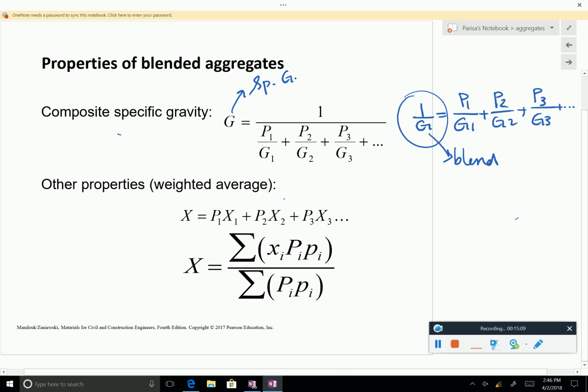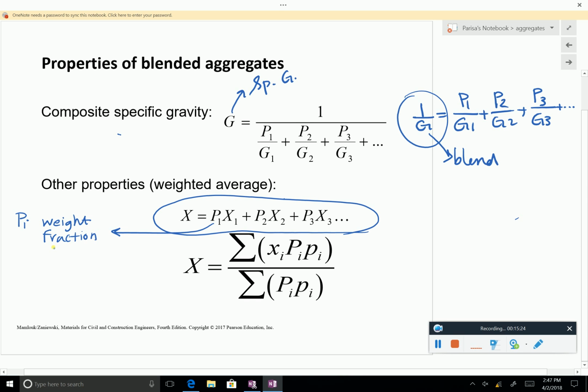For the other parameters, you just use a linear relationship. So this is again, P_i is the weight fraction of aggregate i.